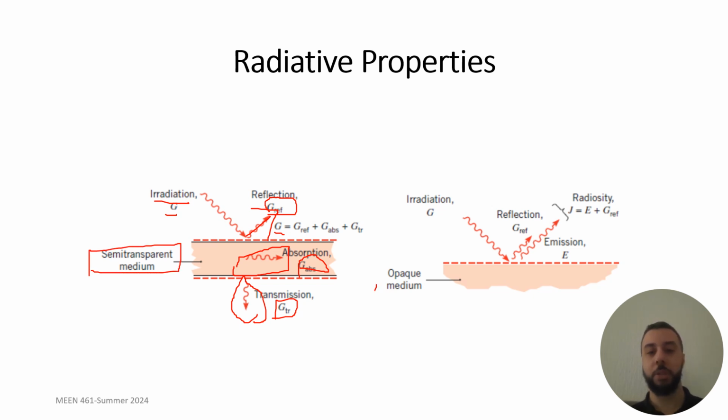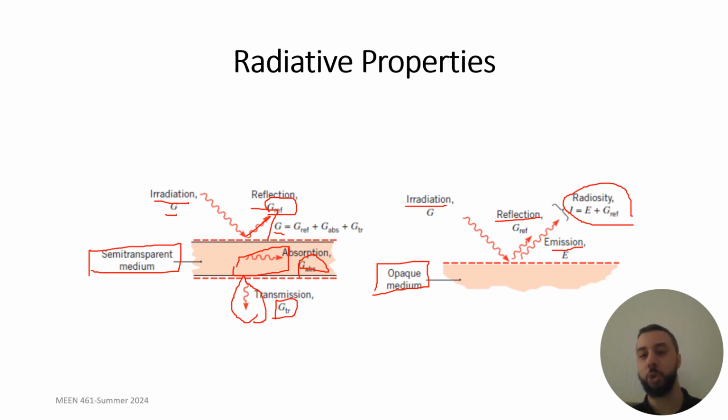For an opaque medium in which nothing can go through, you have irradiation coming in, and then you have two sources of energy coming off the system, which is reflected from the body, and you have energy that's emitted from the body. And that adds up to what we call the radiosity.